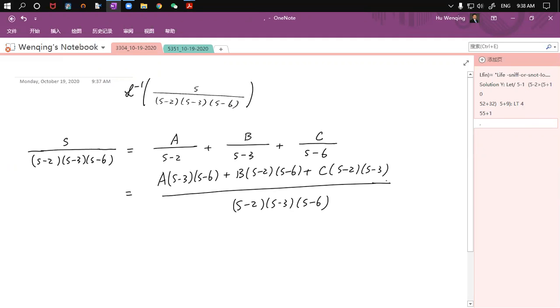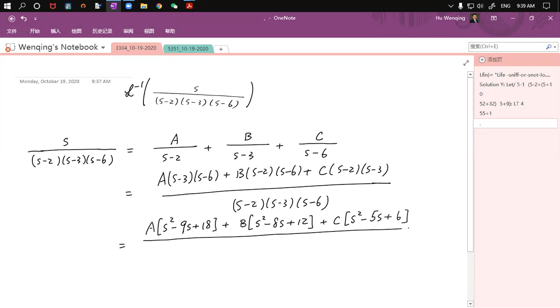So that's going to be this situation. Then you decompose everything: A times s squared minus 9s plus 18, plus B times s squared minus 8s plus 12, plus C times s squared minus 5s plus 6, right?